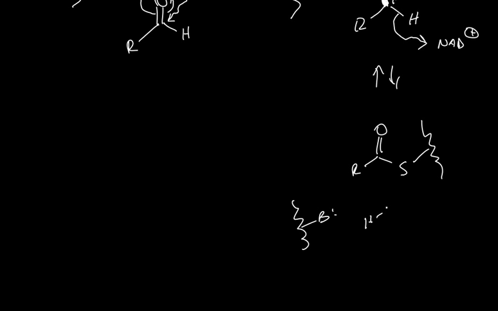That sees a water molecule and hydrolyzes. Again, acyl substitution. I'm going to show the cheater mechanism. Remember, this expands to a tetrahedral intermediate and then collapses back, kicking out the sulfur group.